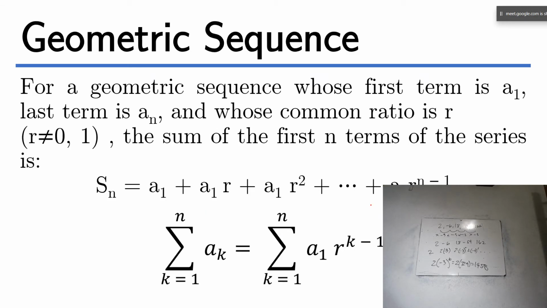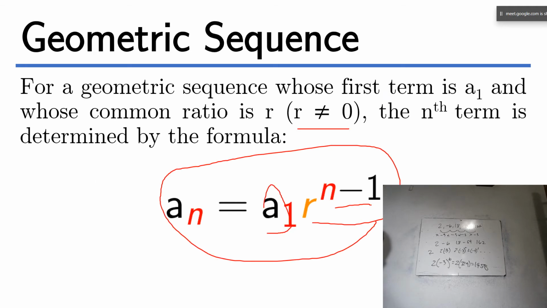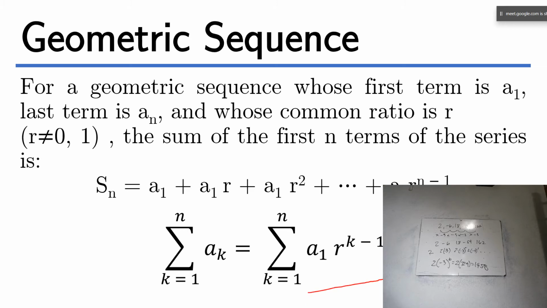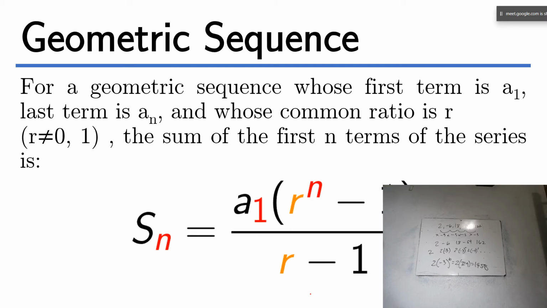Then kapag isa-summation naman na natin yan, pareho lang guys. It's just the same, no? Kung ano man ito, ipapasok nyo lang dito. Right? Yun lang yun. Okay? Then, ito, sum of n terms, a sub 1 times r raised to n minus 1 over r minus 1. Kaya lang, tatandaan nyo, sa geometric sequence, it's always, joke, never mind, no?